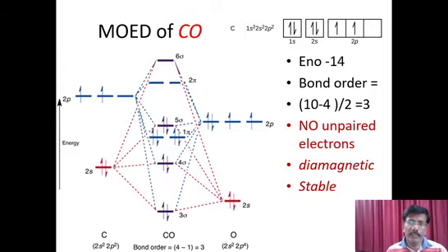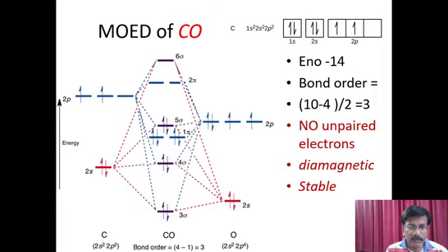But if you look at 2p levels, then carbon is having only 2 electrons at 2p level, whereas oxygen is having 4 electrons at 2p level. So the difference, whatever is there, is based on the 2p levels only. So 1s interaction is the same. Already we know that 2s interaction is also almost the same, because in 2s interaction both bonding and antibonding are completely filled.